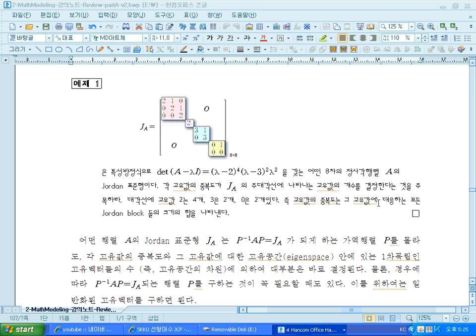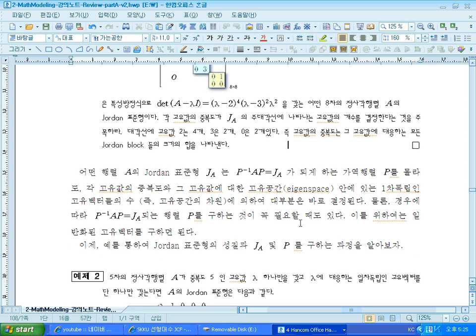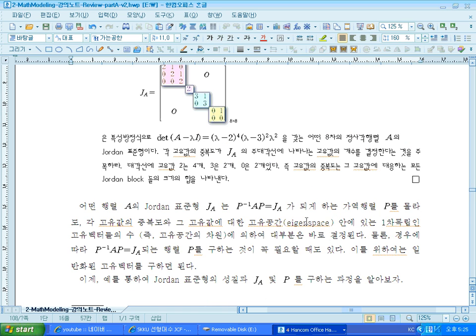So from the given matrix A, how do we find the Jordan canonical form? Follow these steps. First, we find the eigenvalues of the given matrix. Then, for each eigenvalue, we find the Jordan blocks of A corresponding to it.